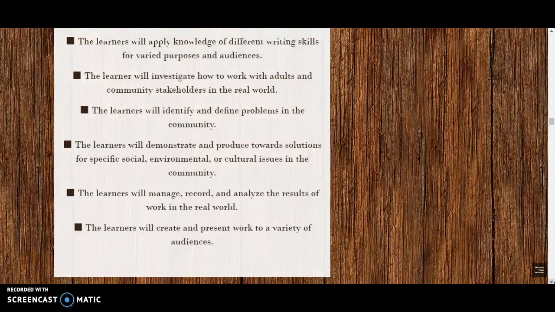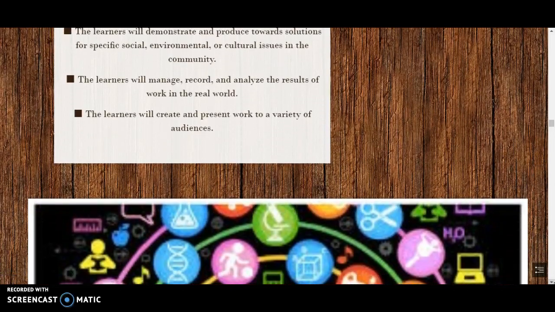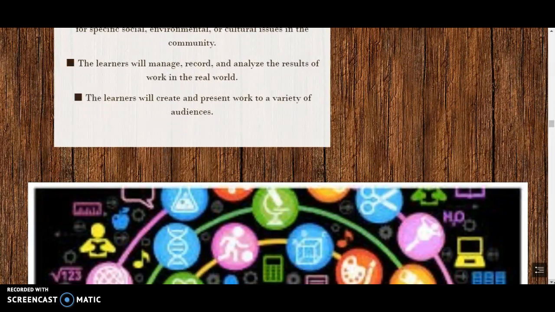The learners will identify and define problems in the community. The learners will demonstrate and produce toward solutions for specific social, environmental, cultural issues in the community. The learners will manage, record, and analyze the results of work in the real world. The learners will create and present work to a variety of audiences.